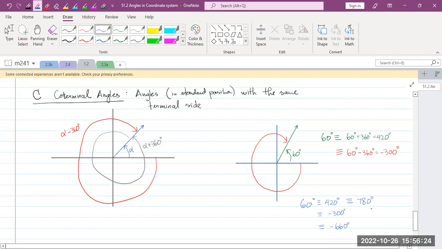If you keep on adding 360 degrees to that angle, you get a coterminal angle. If you keep on subtracting 360 degrees, you get another coterminal angle.